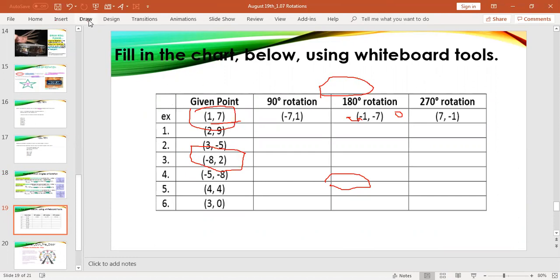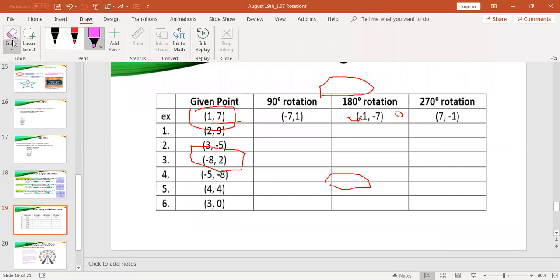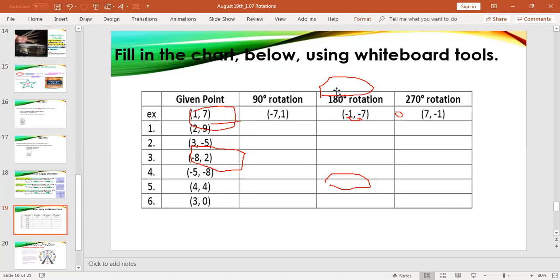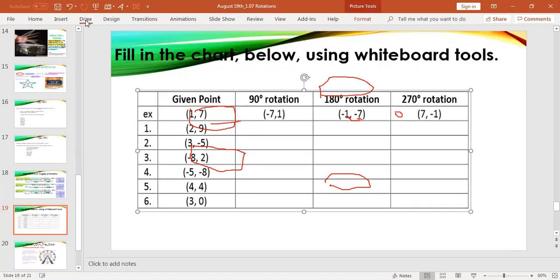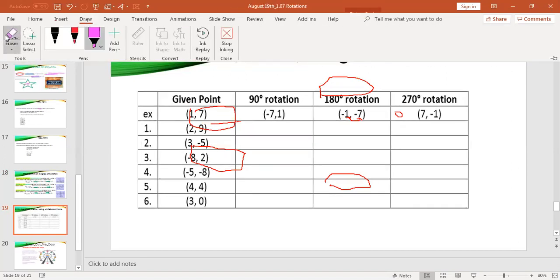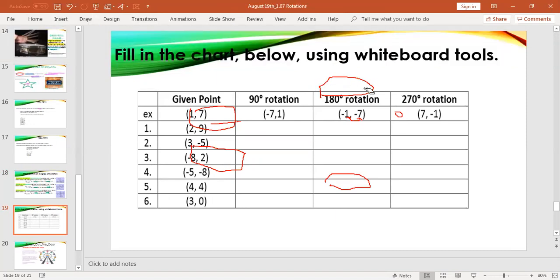All right, so with that said, let me erase some of this stuff. It's not erasing. Why isn't it erasing?